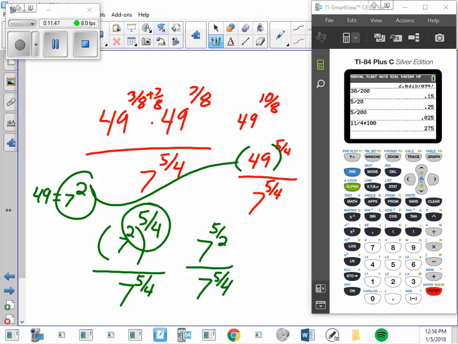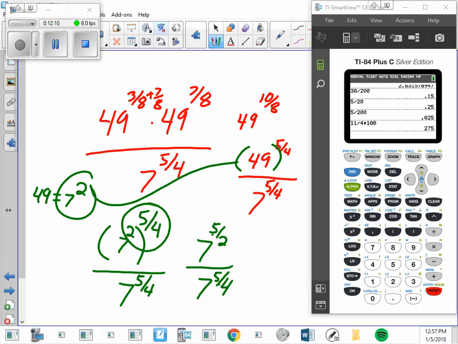Now subtract them, right? If you have one base divided by another base, you just subtract the exponents. So what is 5/2 minus 5/4? What is 1/2 minus 1/4? What's 1/2 minus 1/4? 1/4.